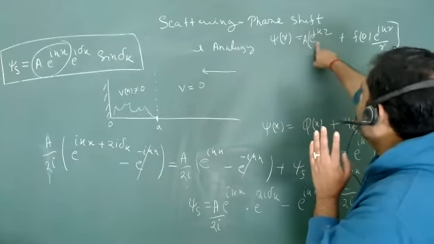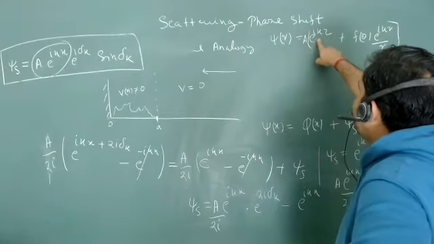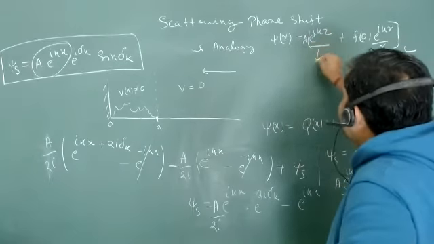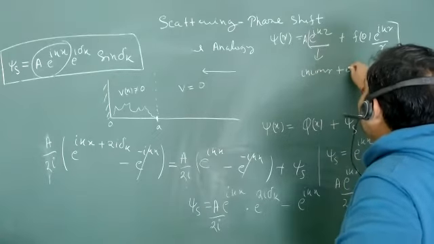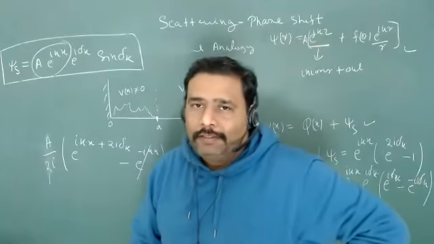What is phi x? This one is your phi x, isn't it? Yes, sir. So this one is your phi x. So in this wave function, you have incoming wave plus outgoing wave. This is nothing but the superposition of incoming plus outgoing wave.